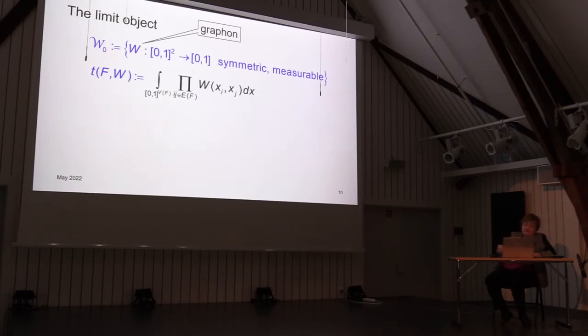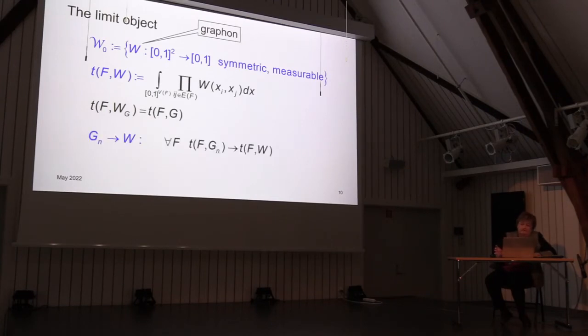And one can easily notice that the density in this graphon setting of a simple graph F, the density t(F,W), will give what the limit gives for Gn because of this computation.